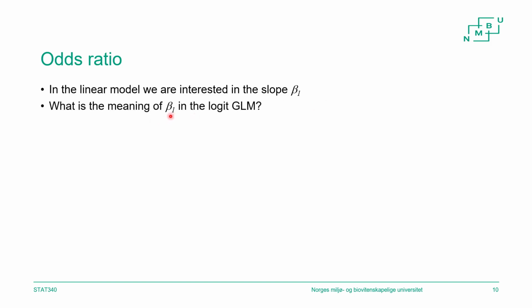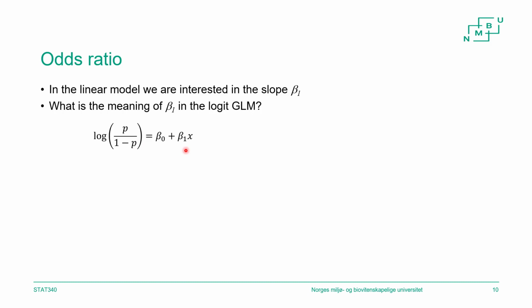So what is the meaning of beta 1 now? When we have this logit GLM, there are no slopes anymore, because we saw that the fitted line is no longer a straight line, so the slope changes all the time. It's meaningless to talk about a slope now. So what is this beta 1? Let's have a look at it. Here is the model that we start out with. The response is this logit of p, which is then a linear function here. And here we have beta 1.